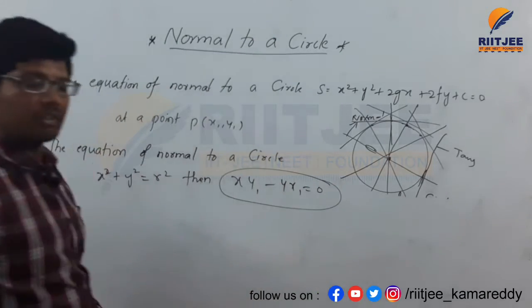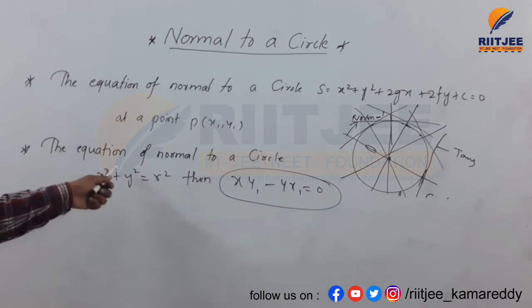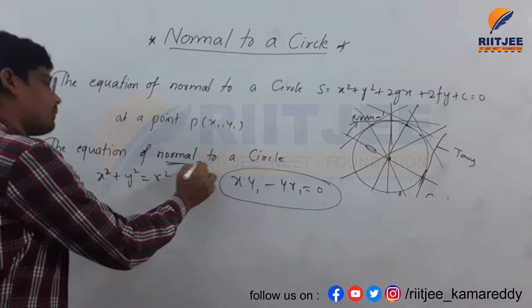This is the equation of a normal to a circle.